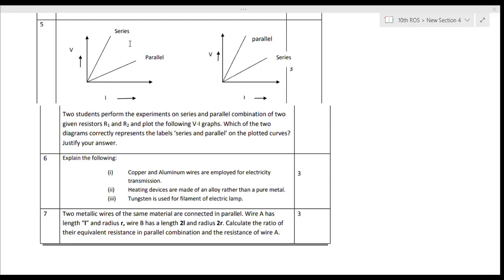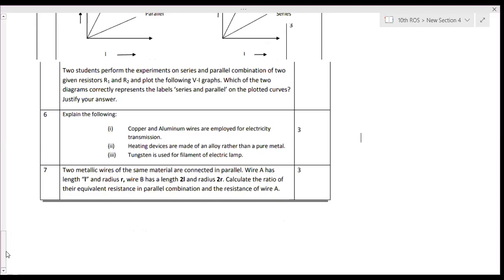Ma'am, it'll be R is equal to, instead of A, I took pi r square. So first the ratio will become L by pi r square. So 2L by 4 pi r square. So first it'll become half, and then when it's connected in parallel, it'll be 1 by R1 plus 1 by R2.